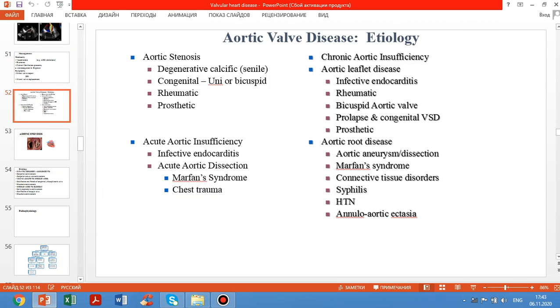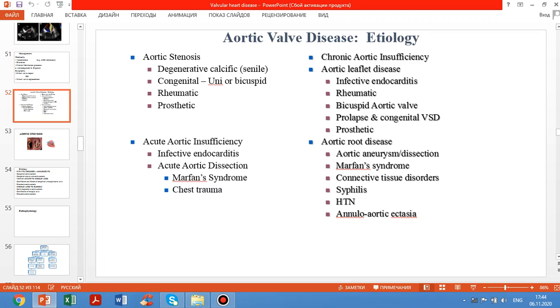Aortic valve disease etiology. Aortic stenosis due to degenerative calcific disease, congenital unicuspid or bicuspid valve, rheumatic disease, prosthetic valve. Acute aortic insufficiency: infective endocarditis, acute aortic dissection due to Marfan syndrome or chest trauma.